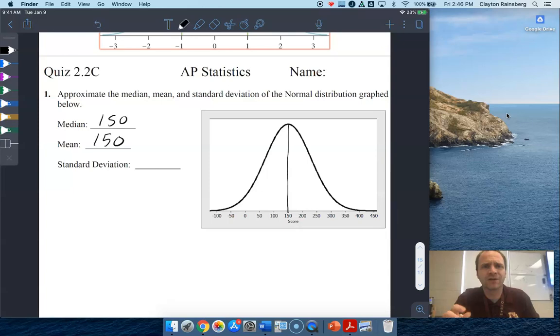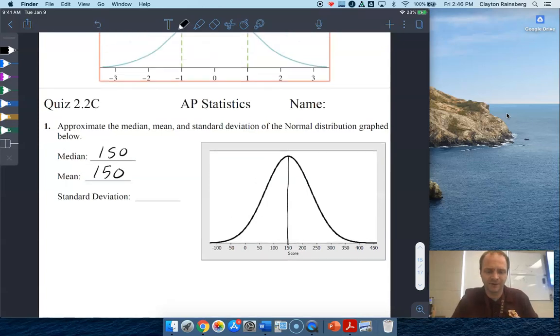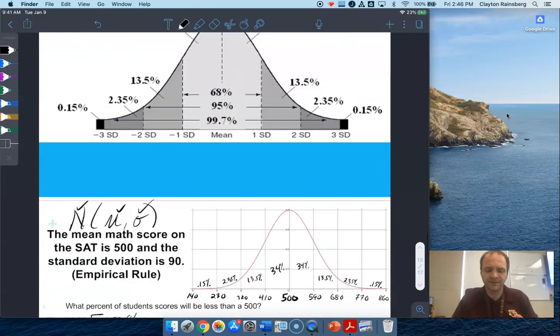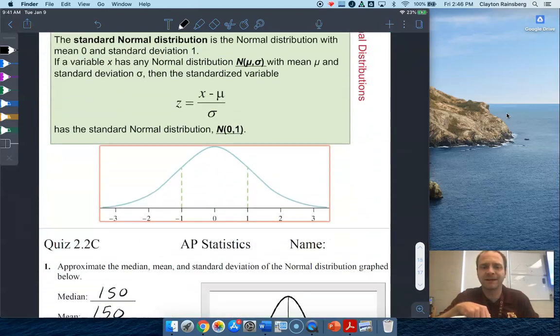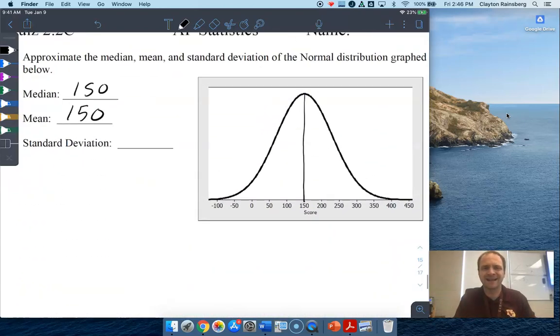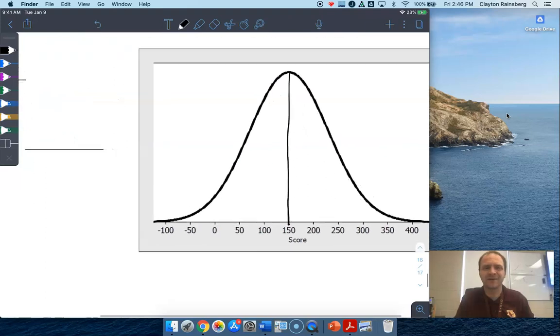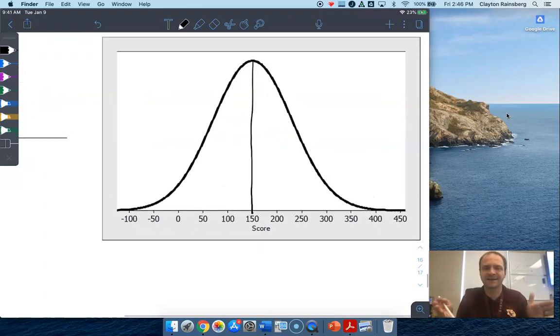Now, the way we're going to do this is we're going to realize, when it comes to the empirical rule, in this part of the picture we can see 1, 2, 3, 4, 5, 6, 7, 8 sections. So there's 8 sections on that. But if I zoom in on this one right here, it's not quite a symmetrical graph with the axes. So you can notice that it's not quite fair. You're going 250 in one direction, and you're going 300 in the other direction.